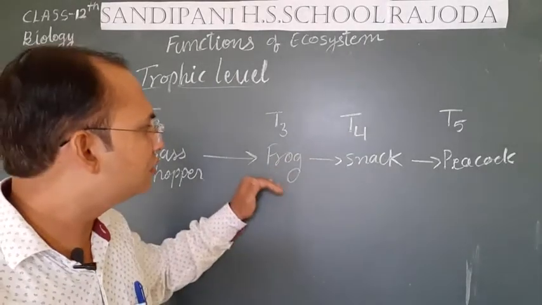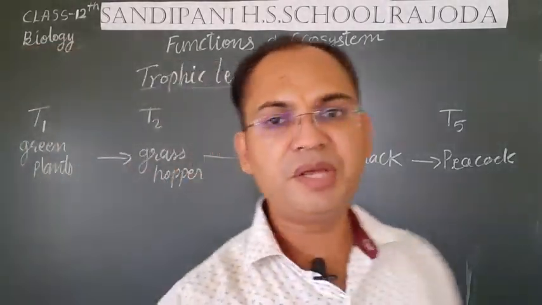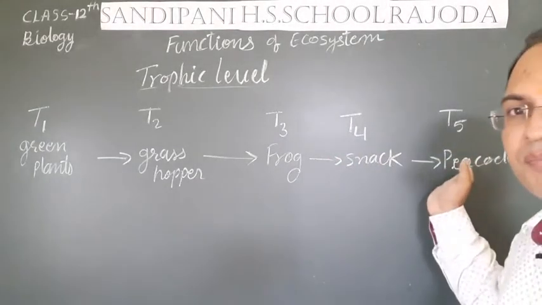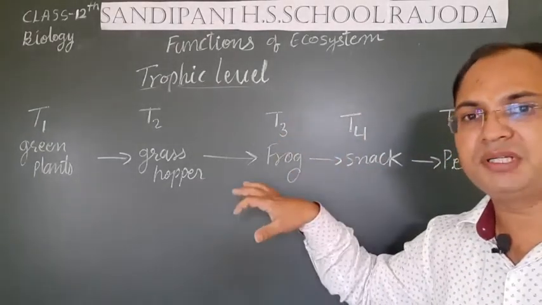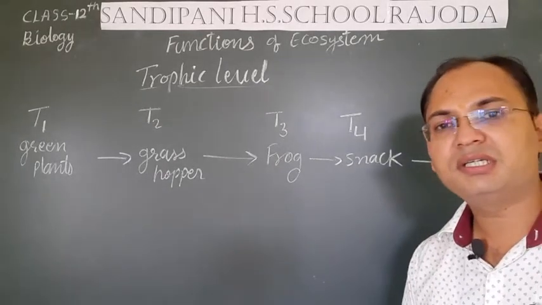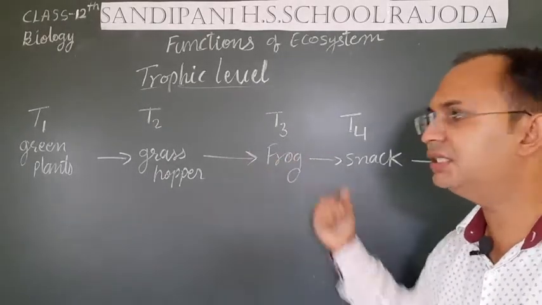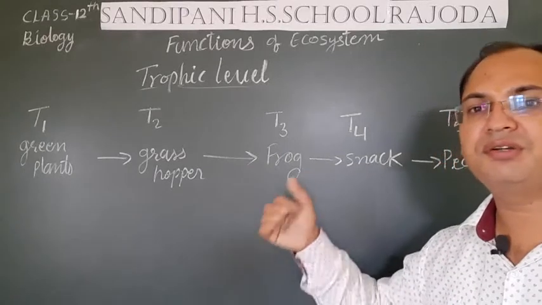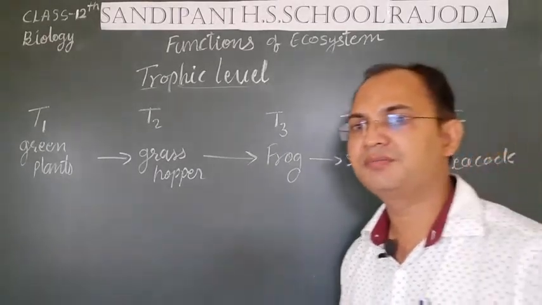So here the members of the trophic level eat the members of their lower trophic level in order to obtain the energy. So students, the energy is directly getting transferred from one trophic level to another trophic level.